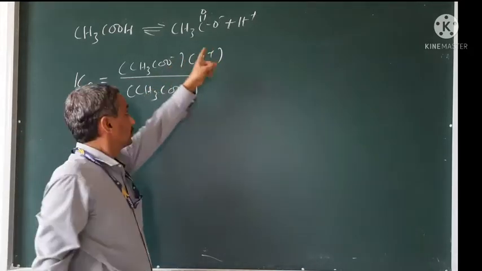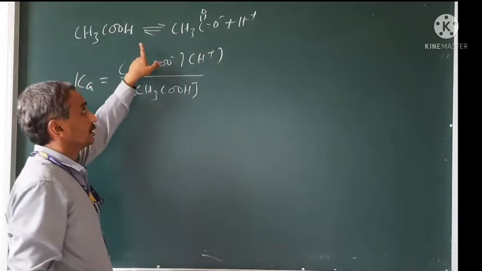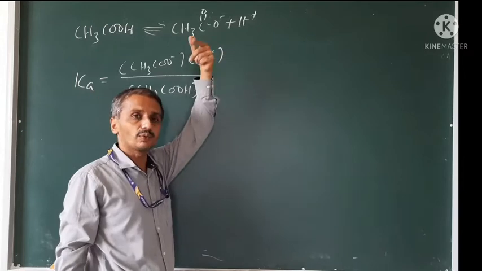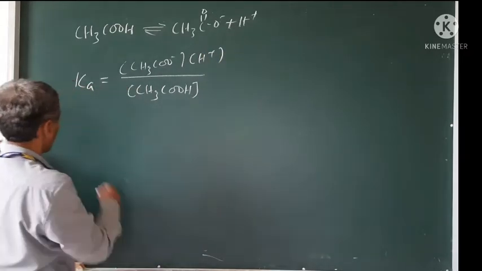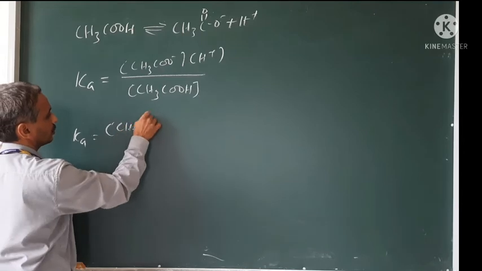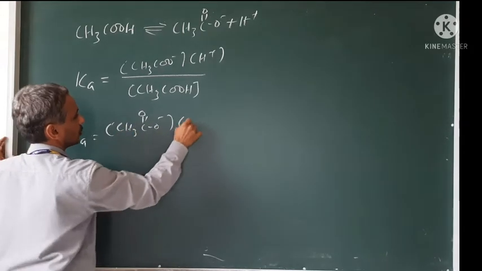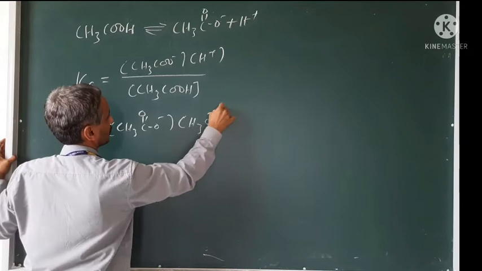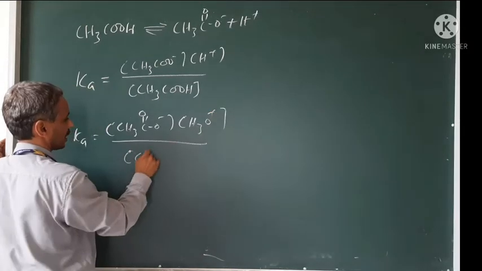I can also write acetic acid plus water giving acetate ion and H3O plus ion. That way I can write Ka is equal to CH3COO minus ion into H3O plus ion divided by acetic acid concentration.